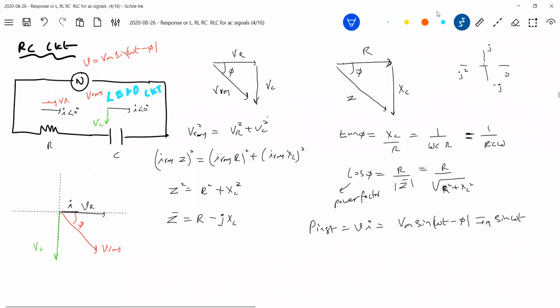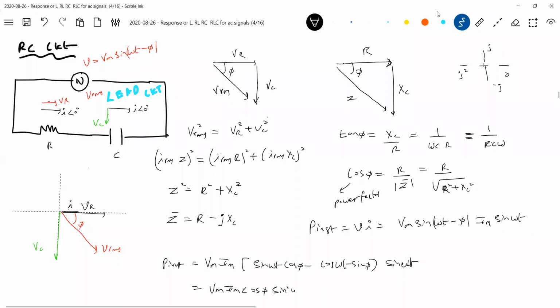So again, solving this, P instantaneous is equal to Vm Im sine omega t (cos phi sine omega t minus cos omega t sine phi), which gives Vm Im cos phi sine square omega t minus Vm Im by 2 sine phi sine 2 omega t.